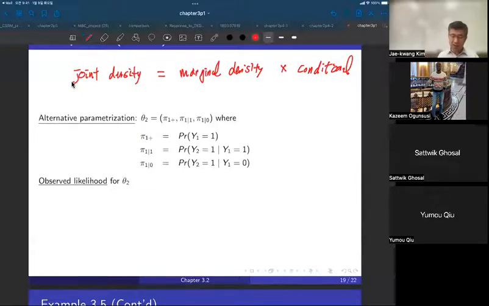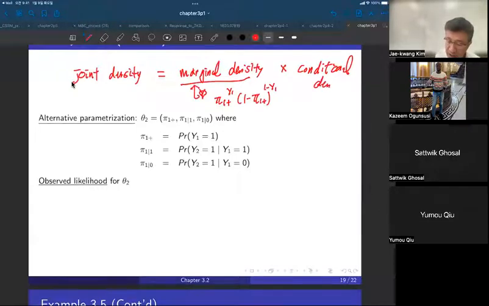So marginal means y1, because y1 is always observed. So for the marginal density, it is just about y1. So y1 is either 1 or 0, right? So that is the parameter, basically pi 1 plus to the y1, 1 minus pi 1 plus to the 1 minus y1, something like that. So that is this marginal density.